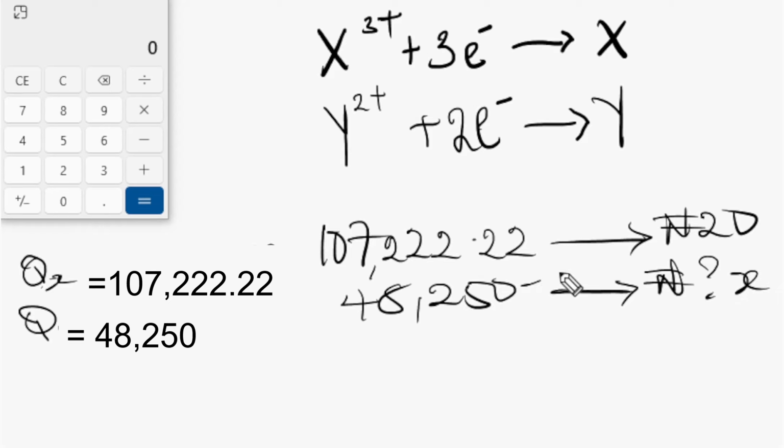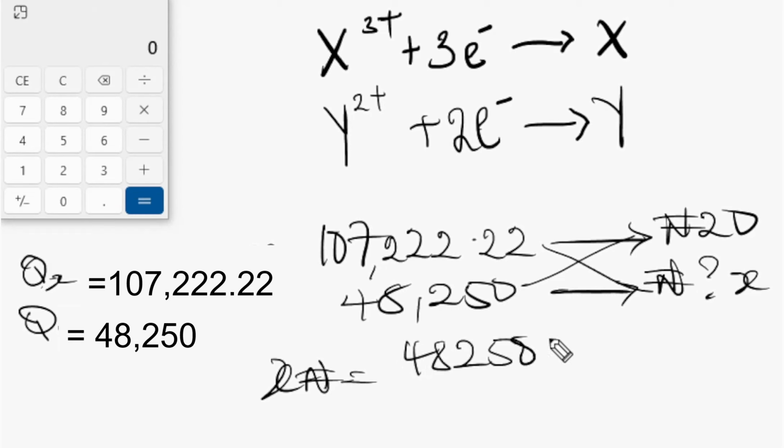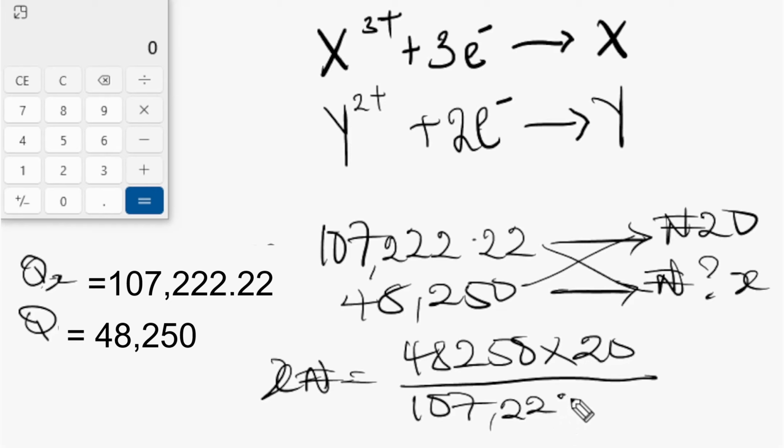So we're going to cross this, and then the X naira is going to be 48,250 times 20 over 107,222.22.